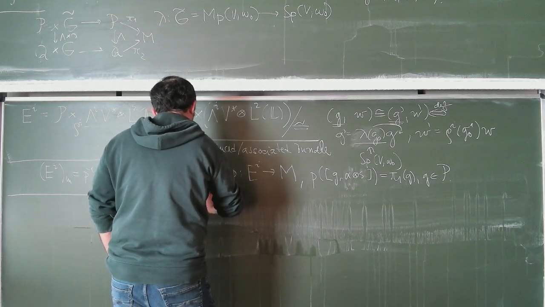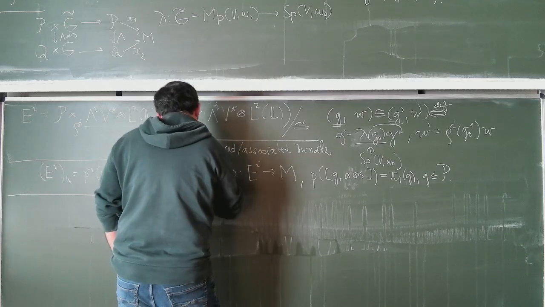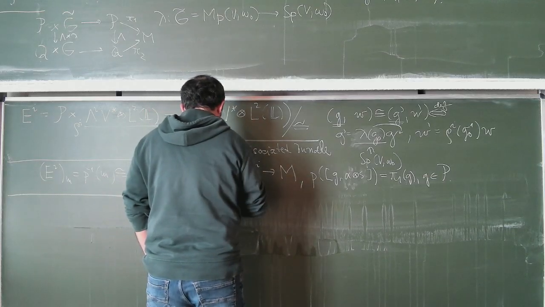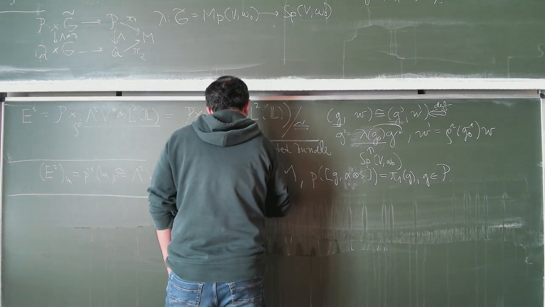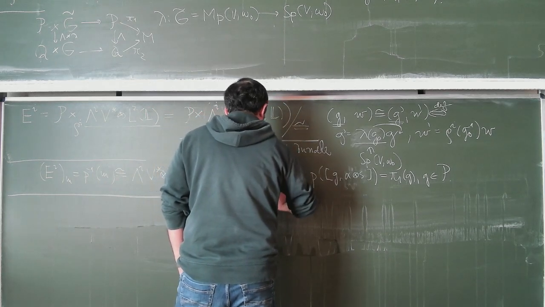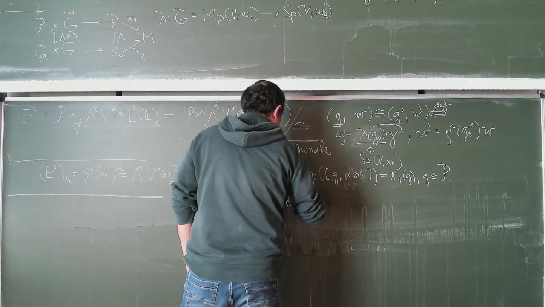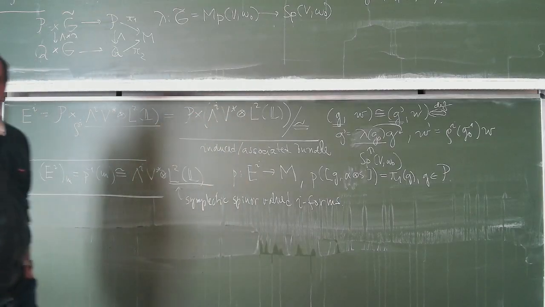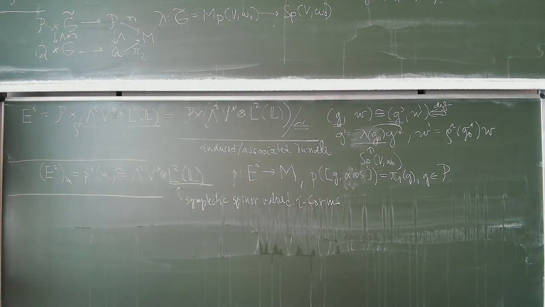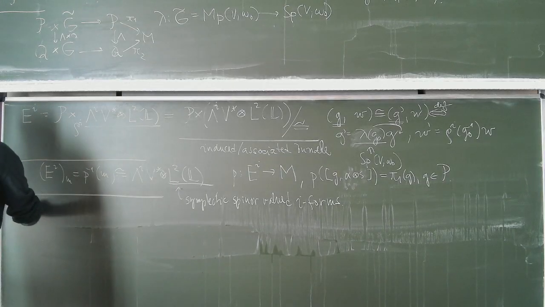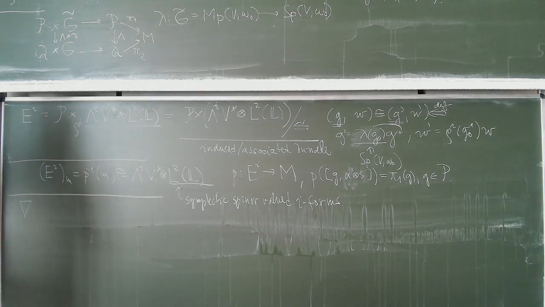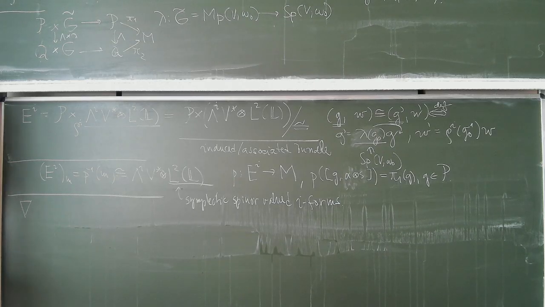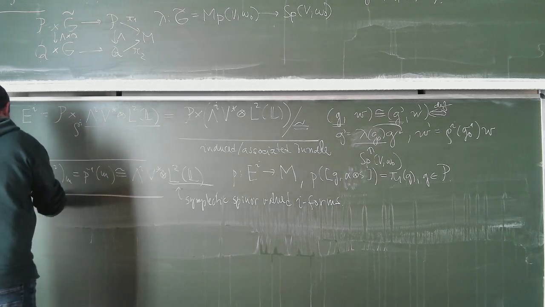So this space can be named as symplectic spinors. This is the name for L2 in these theories. Symplectic spinor valued I forms, exterior I forms. So then we know that there is a symplectic connection.